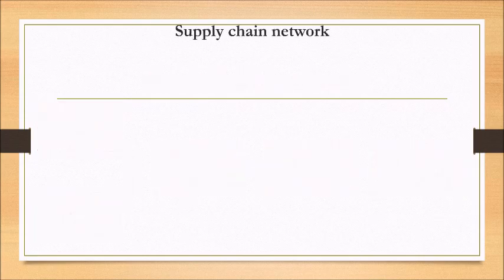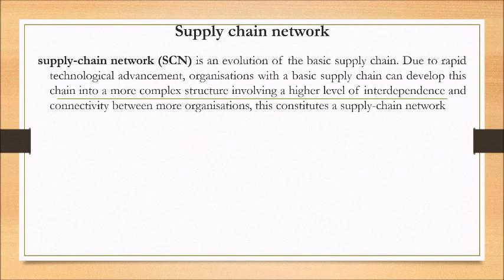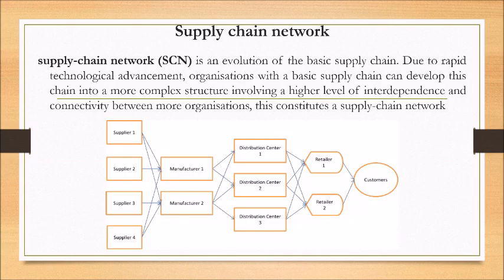The last part of this chapter is supply chain network. In the previous slides, we saw the supply chains where you find only two or three maybe suppliers, but one manufacturer, one distributor, one retailer. But in the supply chain network, the number of stages may be the same, but vertically there are many people around that.